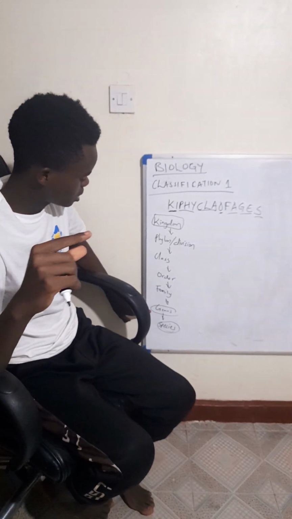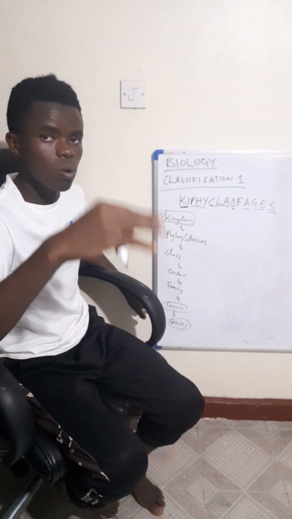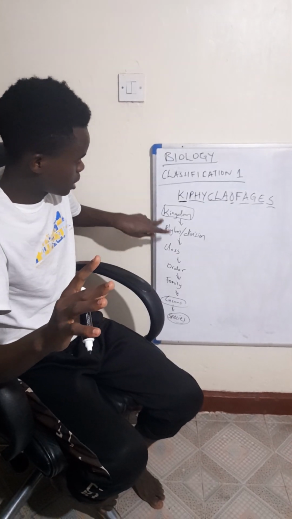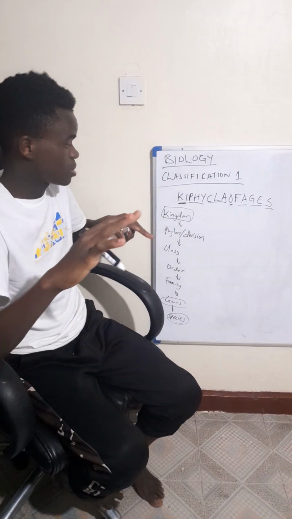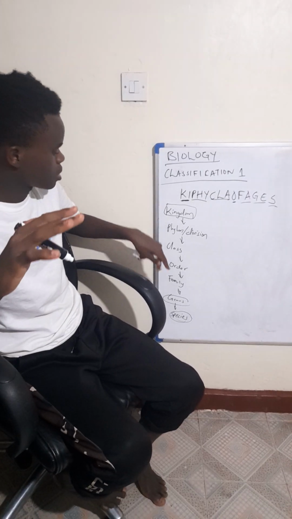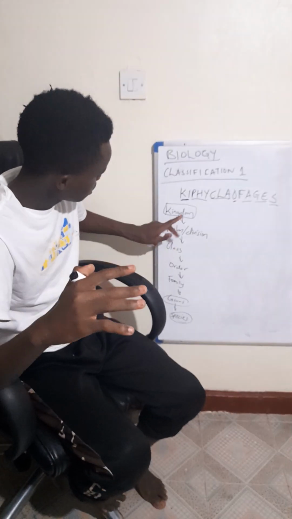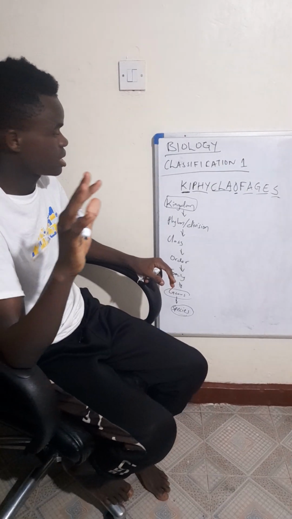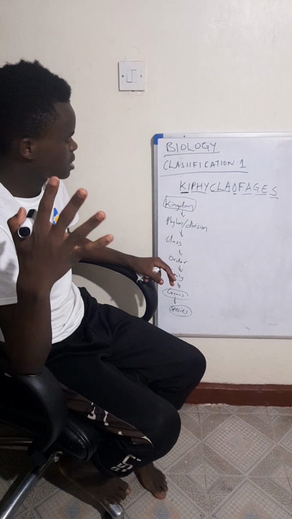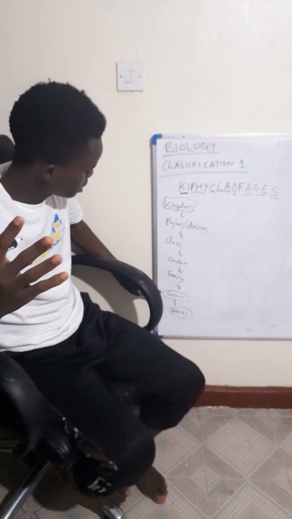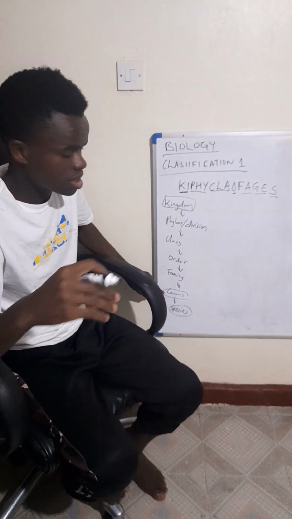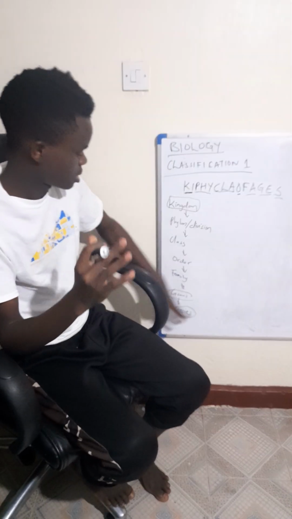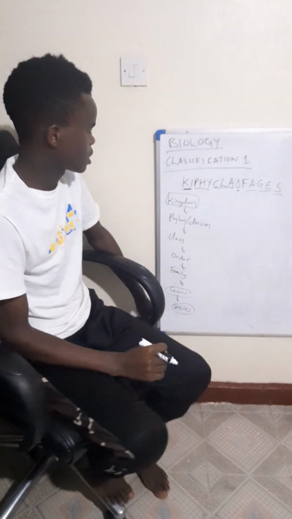If you move up, you get more organisms which are related because they share more characteristics. Here you get many organisms, but they share only several characteristics. At genus, the organisms get fewer, but they share a lot more. And at species, you get a specific organism.